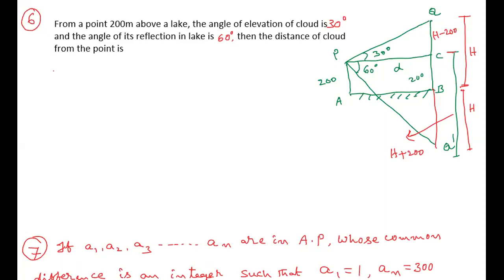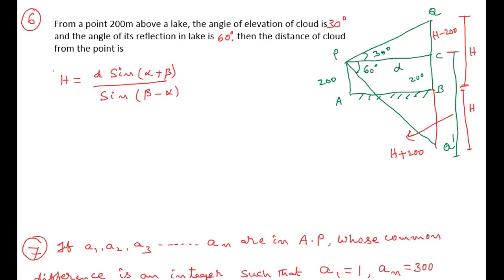Here the shortcut formula is H is equal to D into sine of alpha plus beta divided by sine of beta minus alpha. What is D here?